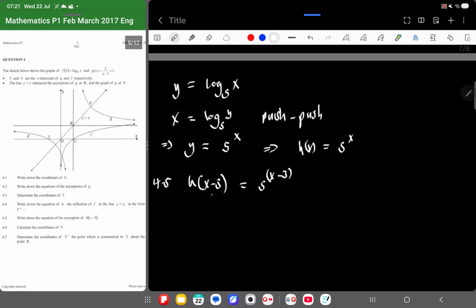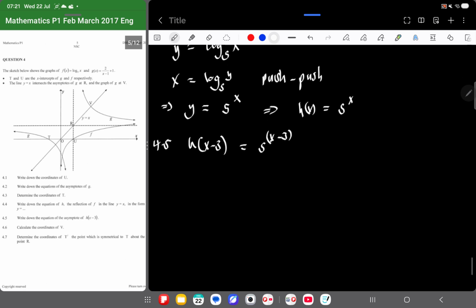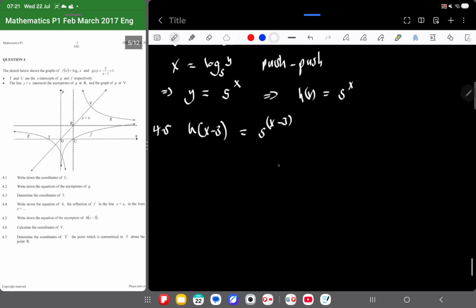This graph will look like this, an exponential function. Usually they look like this or this.